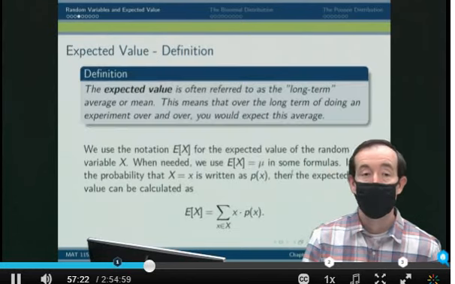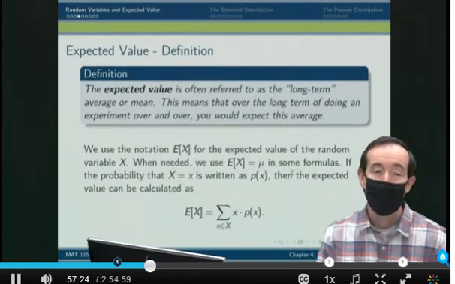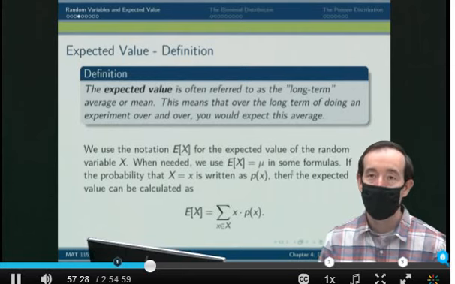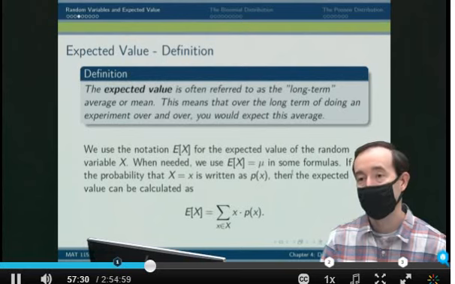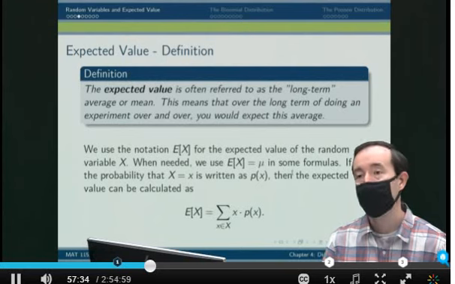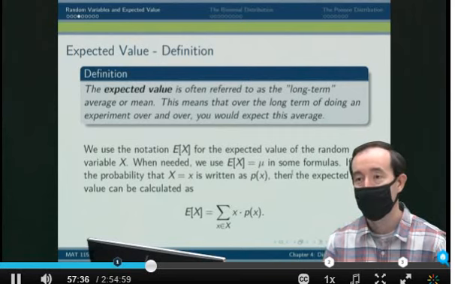So what are we going to do with this? Well, how many of you have calculated your grade in a course where the grades are weighted by category? Like exams are, let's say, 30%, and homework is 25%, and so on.